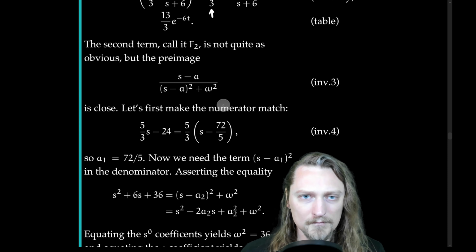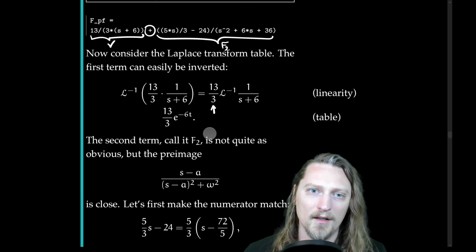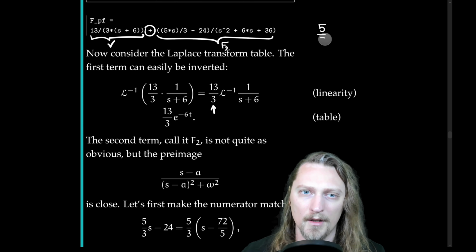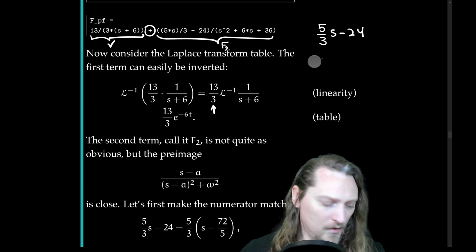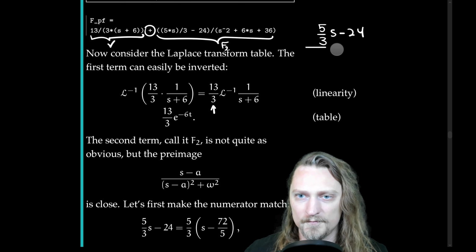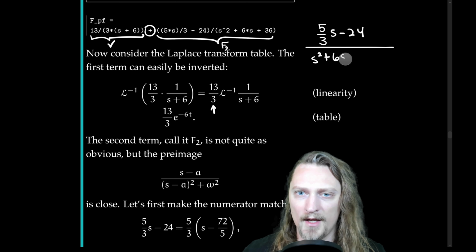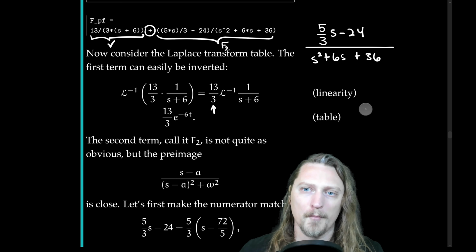So we look at the numerator first. The numerator is, if you look at this expression a little closer, it is 5 over 3 times s minus 24 divided by s squared plus 6s plus 36.